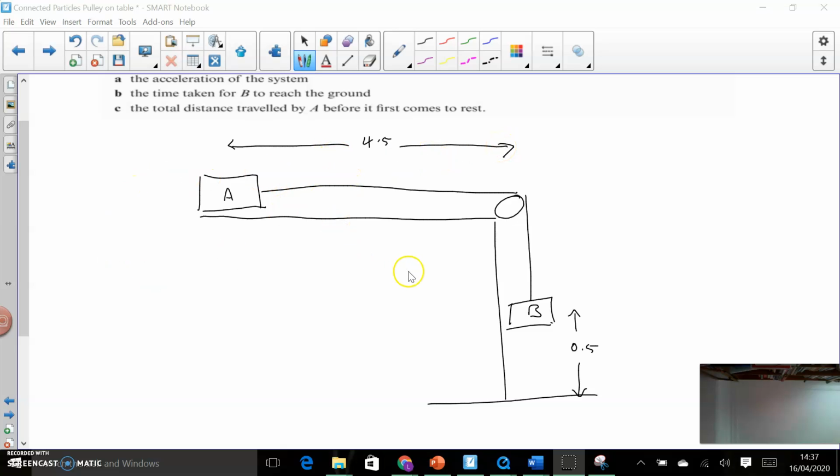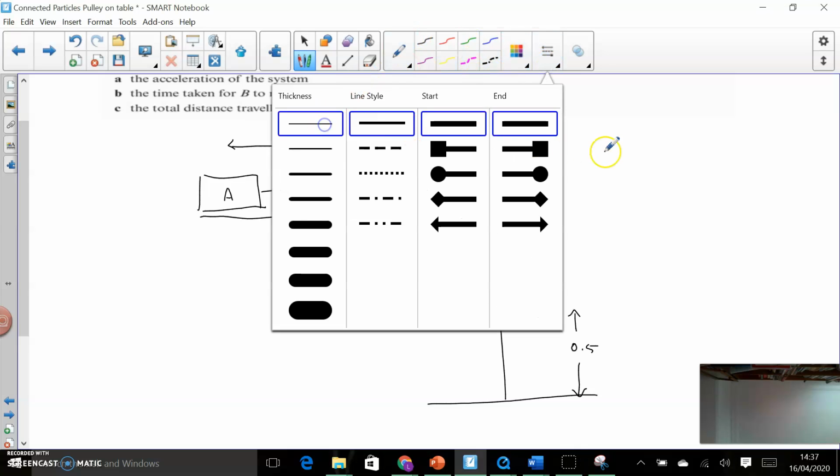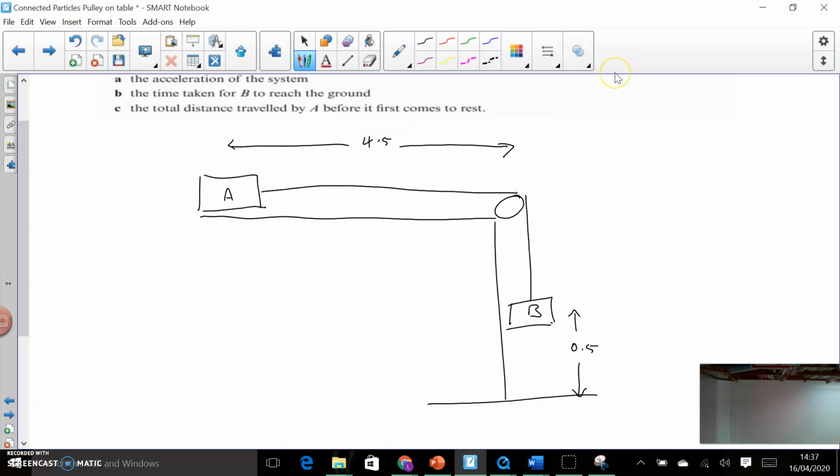Now the next thing to do, we have to put on the forces acting on each particle. We know that each one has weight. Let's do A first.